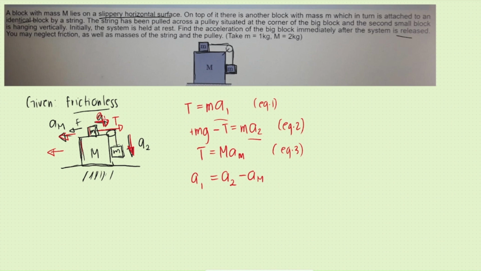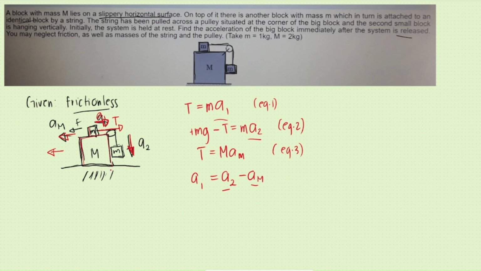that means this A1 relative to ground, relative to our stationary reference, which is the ground, actually decelerates by an amount of A_M, right? If this moves to the right, which is basically A2, because they're attached with strings and this string is inextensible, so that means this also should move A2 relative to the big block.